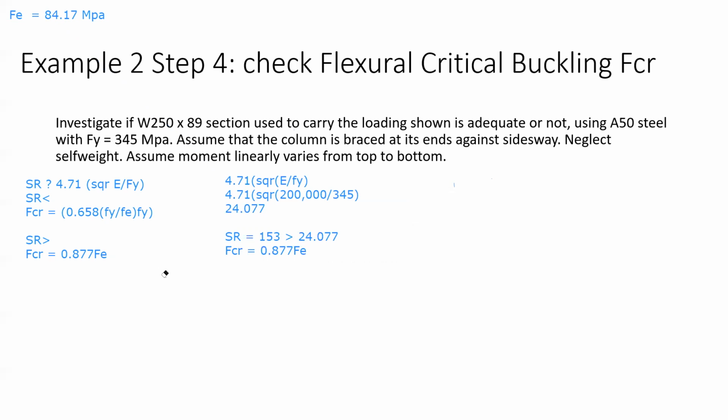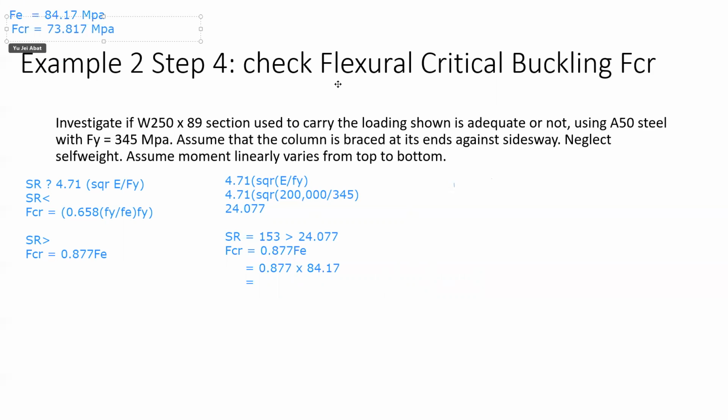We have Fcr is equal to 0.877 Fe, so this is equal to 0.877 times 84.17. So we get the flexural critical buckling, which is 73.817 megapascal. Let's save this. I'll put it up here so we can easily remember it later.